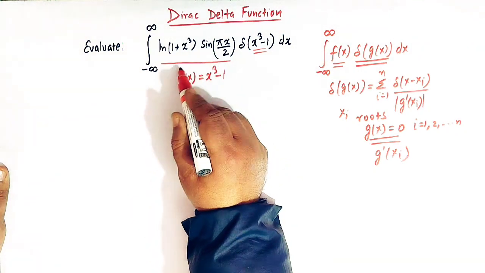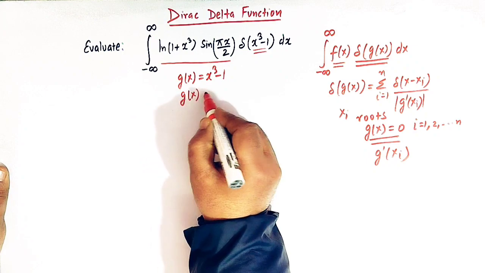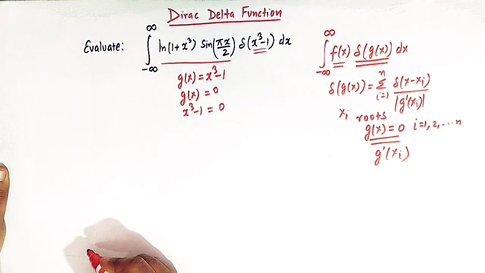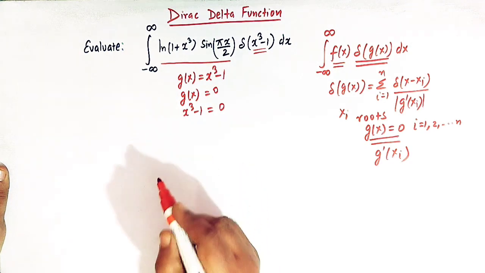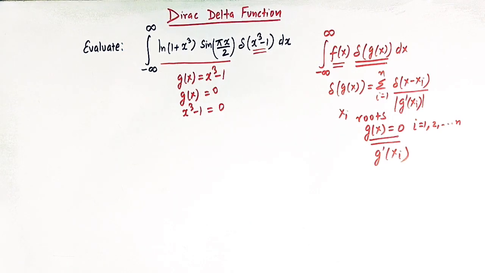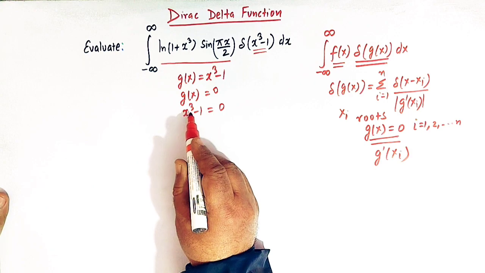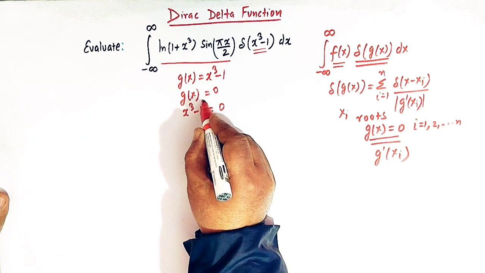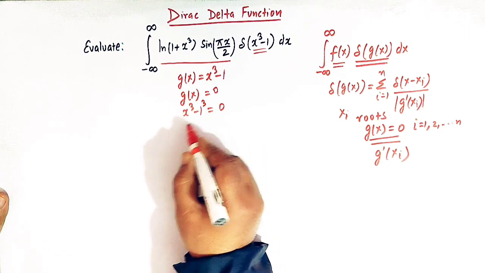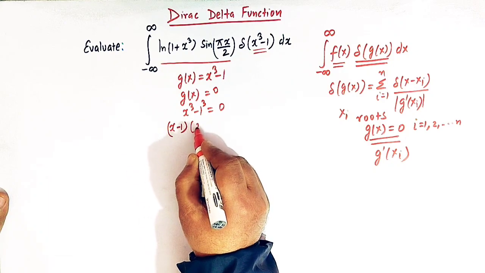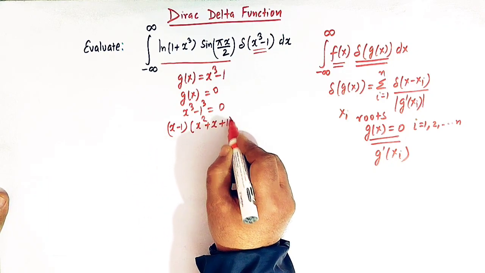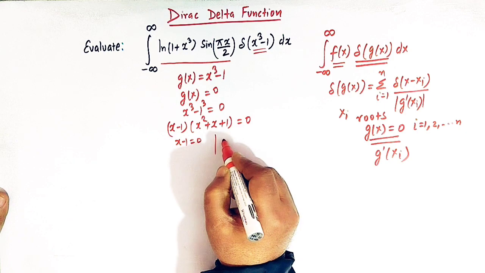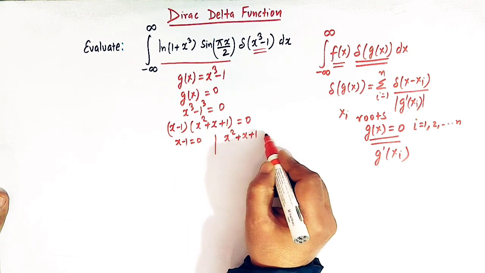Now we'll solve the equation g of x equal to 0. So we have x cube minus 1 equal to 0. This is a cubic equation and it has three roots. If we factorize x cube minus 1, we have (x minus 1)(x square plus x plus 1) equal to 0. So we have x minus 1 equal to 0, and x square plus x plus 1 equal to 0.